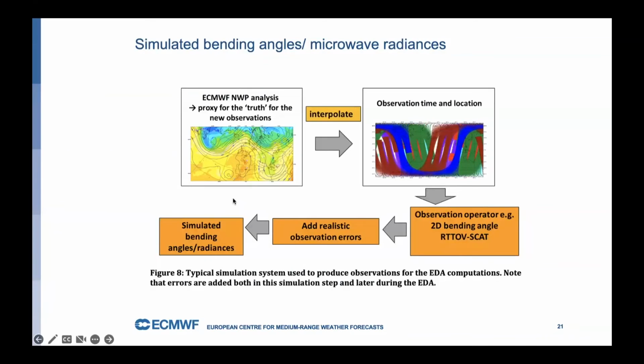We take the ISDA and NWP analysis and interpolate the fields to the observation times and locations, run it through an observation operator, add some noise, so to say, some realistic observation errors you would expect, and then we end up with some simulated bending angles or radiances.